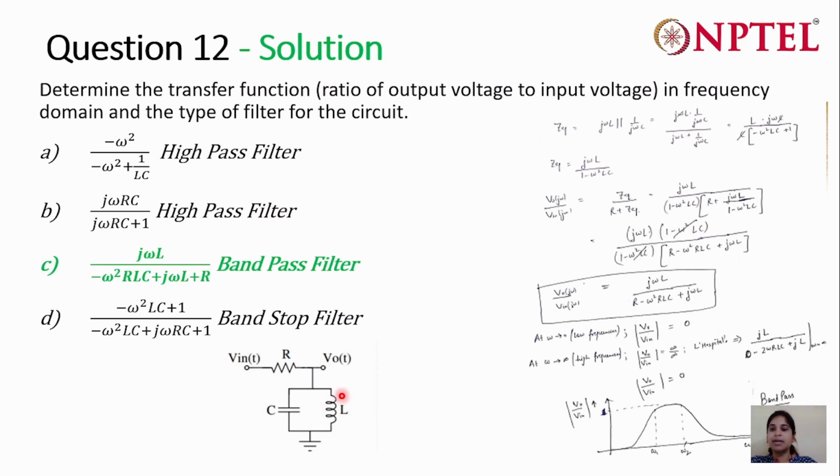Again, we will get an expression for V naught divided by Vi, and then we see the magnitude response. Here, for omega tends to 0 and omega tends to infinity, the magnitude response becomes 0. So this allows only a band of frequencies to pass through. So this is a band pass filter.